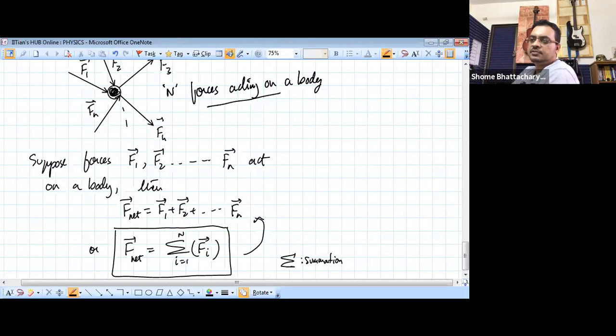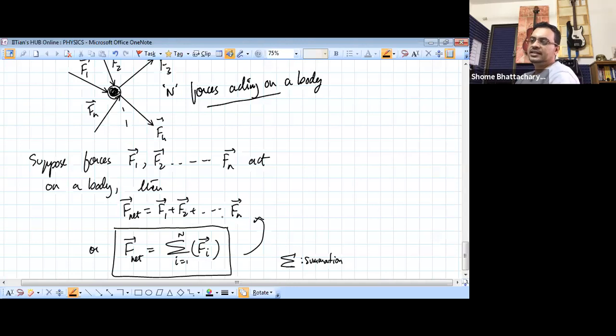If I replace I with, for example, 5, so the lower index is 5 and the upper index is 10, then it is F5 plus F6 plus F7 plus F8 like that. 6 terms in fact, 6 to 10 including both. So the upper index is the maximum value of I, and the lower index is the minimum value.